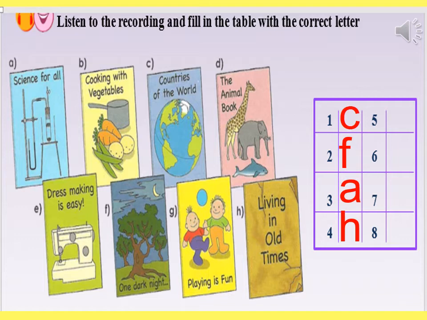Mum would like that book. She likes cooking. 6. I like this book. I like learning about animals. 7. I love stories, but this storybook is too easy. 8. Buy this book. You can make a new dress.